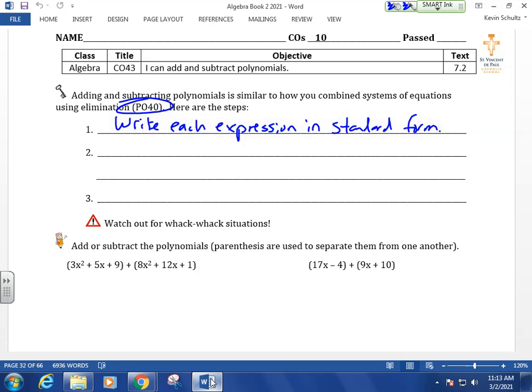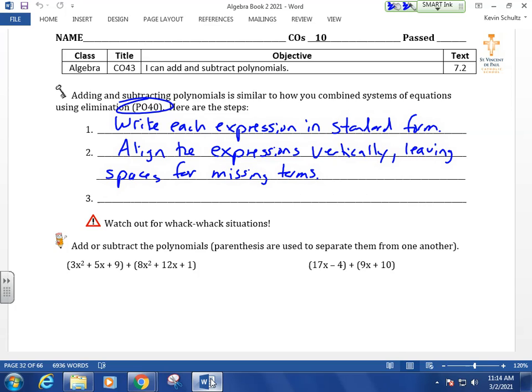Step two, you are going to align the expressions vertically, just like you did when you were first taught how to add and subtract back in first grade and second grade, right? Align the expressions vertically, leaving spaces for missing terms.